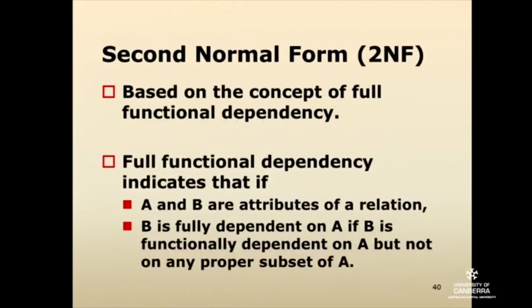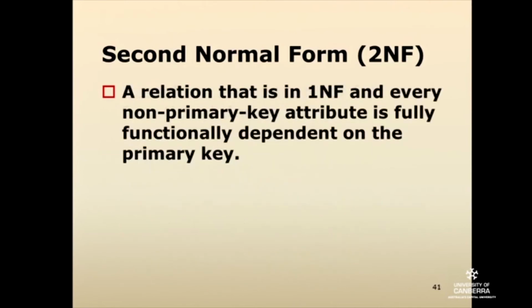Okay, in the second normal form, you go back again, you look at all your entities, all your attributes, primary keys and foreign keys, and the second normal form is based on full functional dependencies. And what it does is really say, what is a full functional dependency?